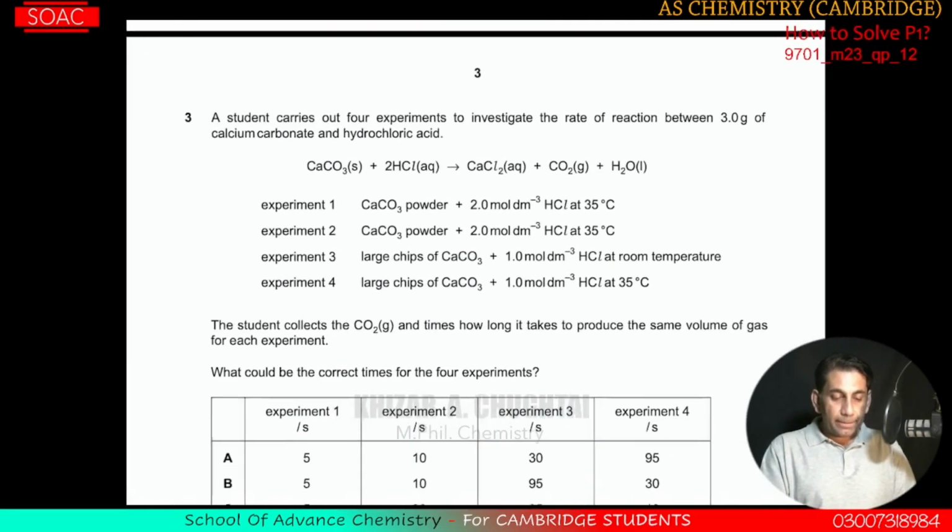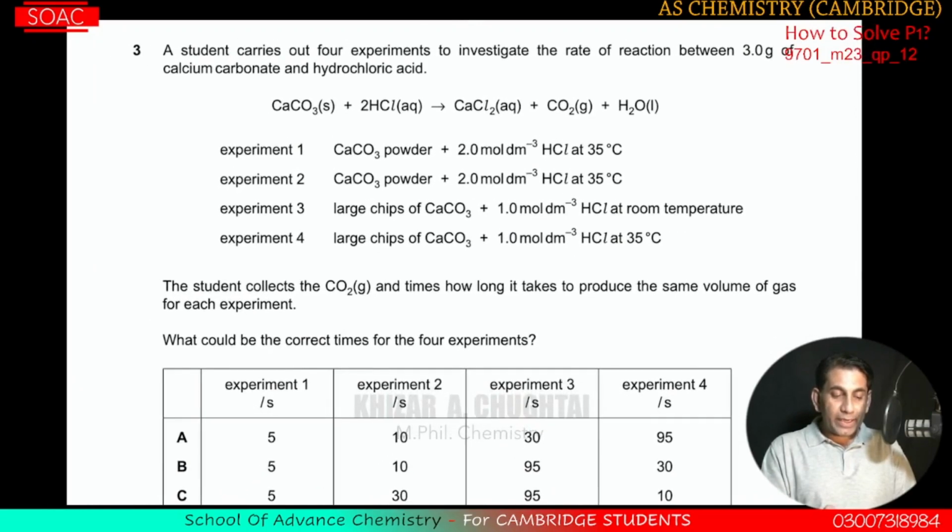Question number 3. A student carries out 4 experiments to investigate the rate of reaction between 3 grams of calcium carbonate and hydrochloric acid. Calcium carbonate plus HCl goes to CaCl2 plus CO2 plus H2O. Experiment 1: calcium carbonate powder plus 2 mol per dm³ HCl at 35 degrees Celsius.